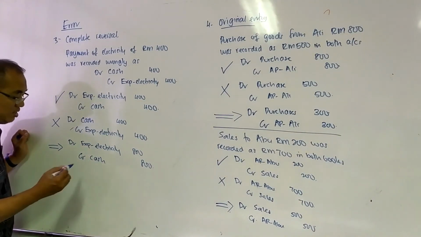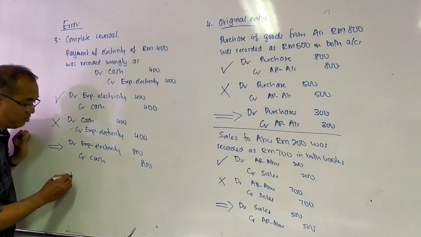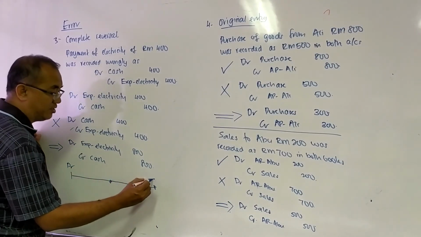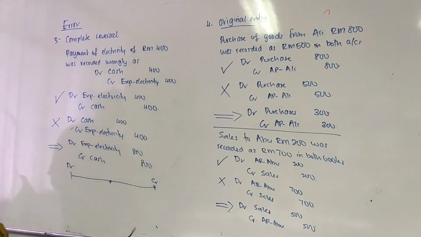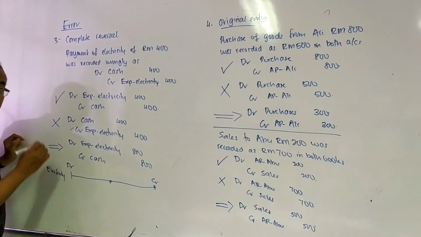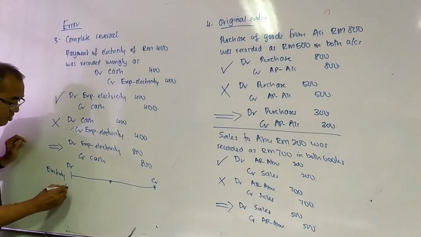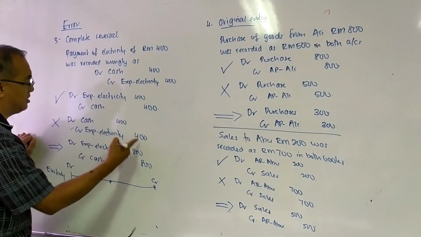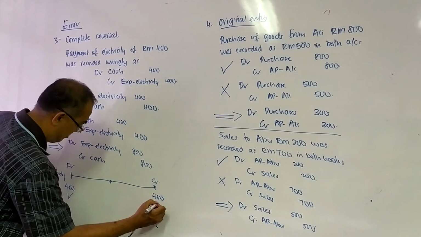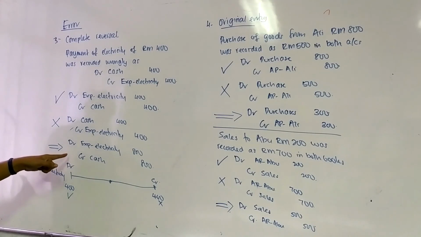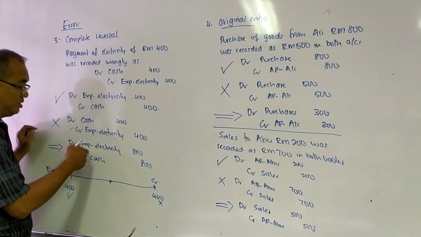So very good, actually you can do it like this also. This is debit, this is credit. The correct one should be debit electricity 400 here, but you have put 400 over here. That's why when you do correction, you need to debit electricity.